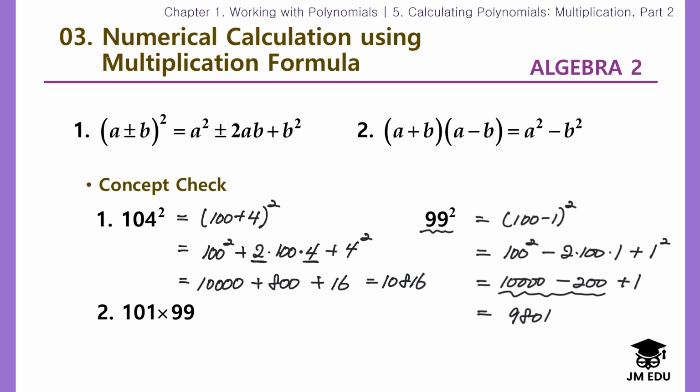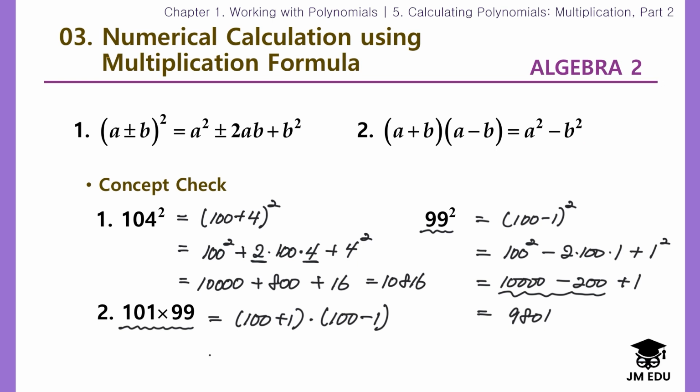Okay, number 2, we have 101 times 99. We can rewrite this as (100 plus 1) times (100 minus 1), right? Just like (a plus b)(a minus b). That's what? A squared minus b squared.